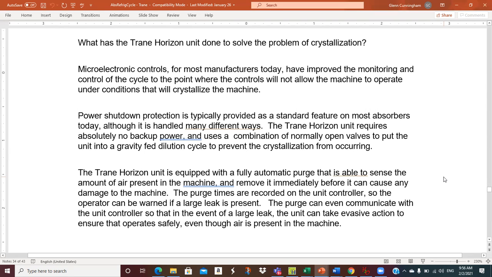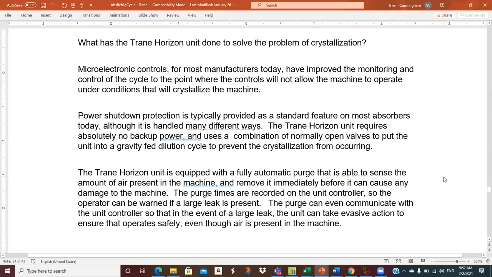Microelectric controls for most manufacturers today have improved the monitoring and control of the cycle to the point where controls will not allow the machine to operate under conditions that will crystallize the machine. Power shutdown protection is typically provided as a standard feature on most absorbers today, although it's handled different ways. The Trane Horizon unit requires absolutely no backup power and uses a combination of normally open valves to put the unit in the gravity-fed dilution cycle.